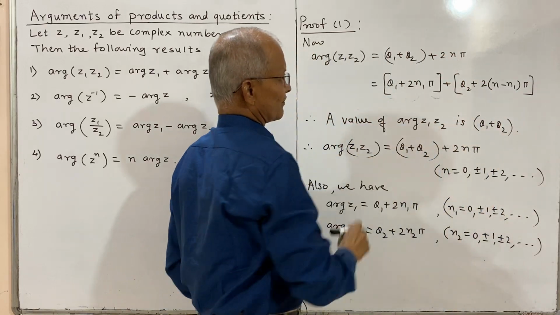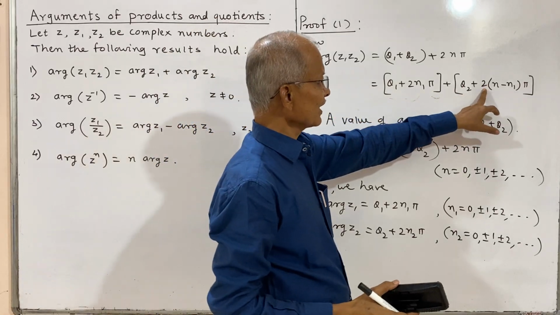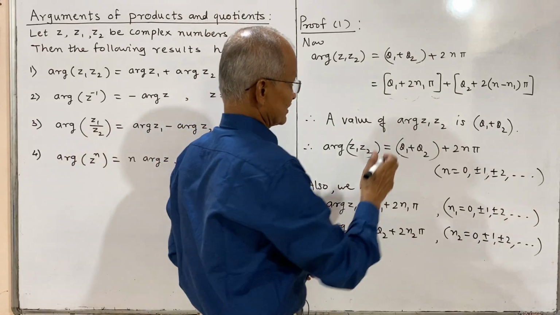Now both are the same, because what we have done is we have added 2 n1 pi and subtracted 2 n1 into pi, and this value remains the same.